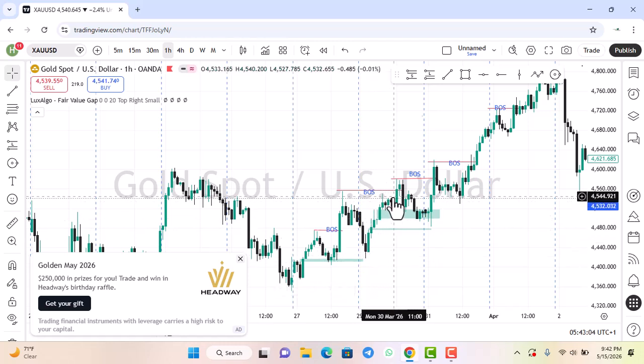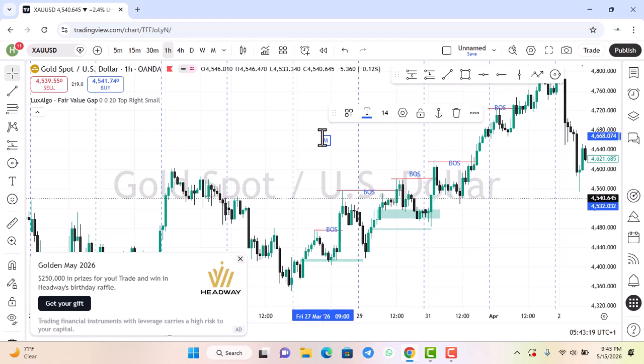So the rule is for you to have a valid break of structure, right? Market must print higher low. And the market must break the recent higher high. Okay. Market must print higher low, HL, and market must break the recent higher high, BOS, break of structure.